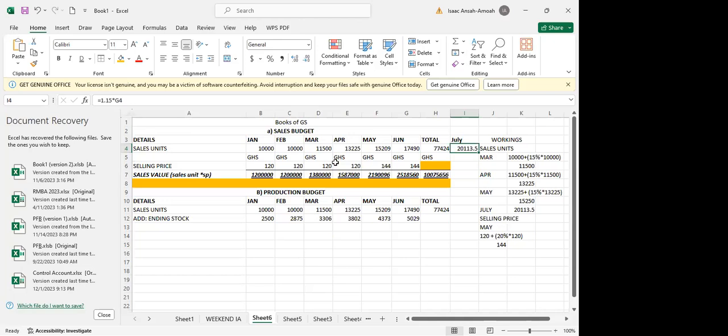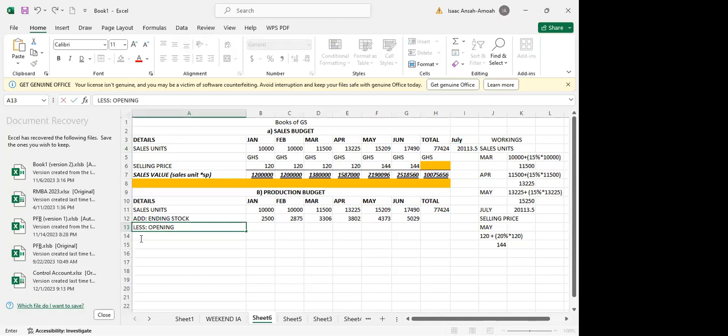Opening stock. Remember that the ending stock of month 1, or ending stock of January, will become the starting stock of February. Right. That was a conversation that we began with, on the whiteboard.